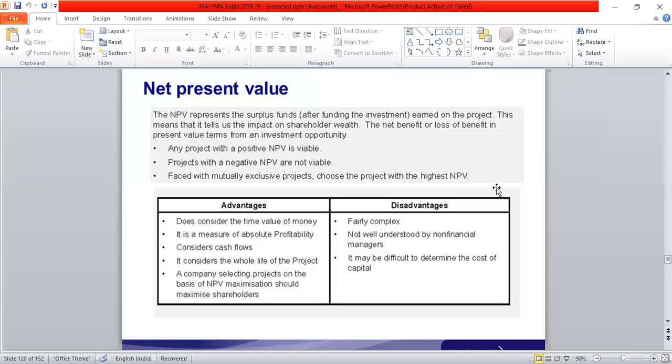Because we already understood that it will have a reduced value. A simple concept logic I will explain to you. What do we understand by saying that it will have a reduced value? Let's say you have 100 rupees with you. When you have 100 rupees with you, what do you do with that?